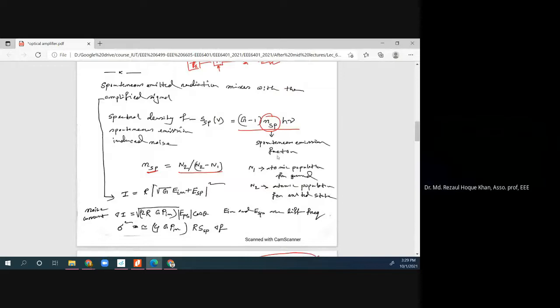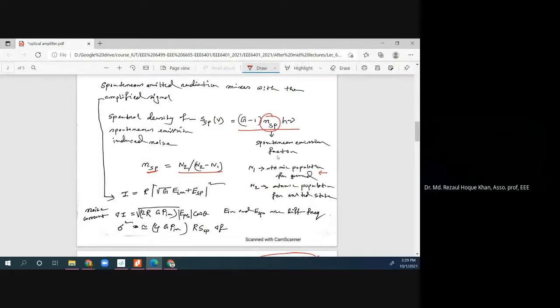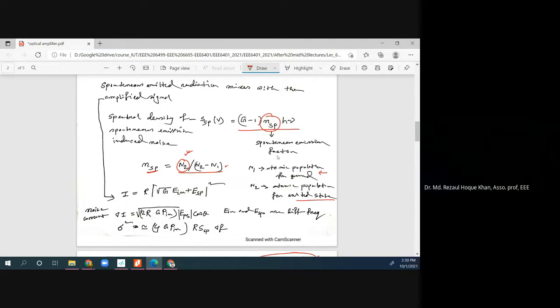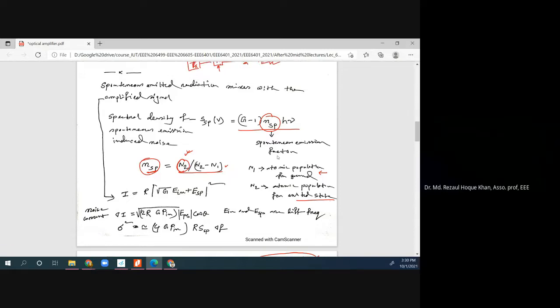N1 is the atomic population in the ground state and N2 is the atomic population in the excited state. When population inversion happens, N2 will always be higher. So N2 minus N1 is always lower than N2, so we know this will always be a positive value.